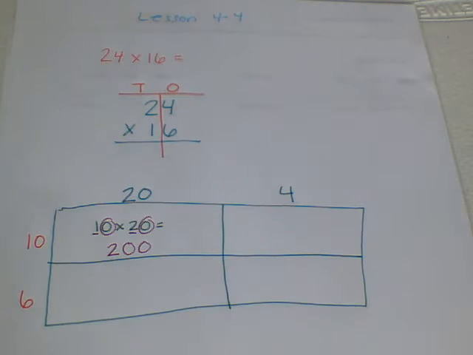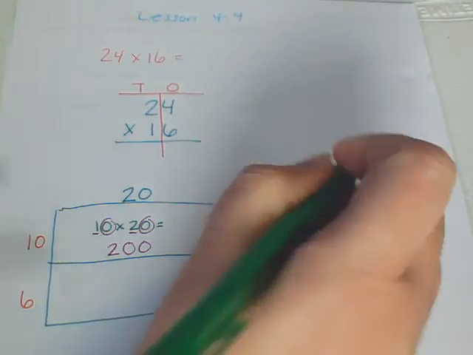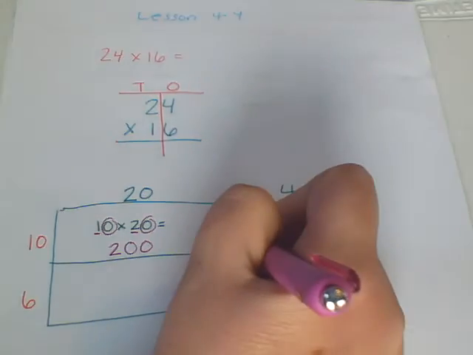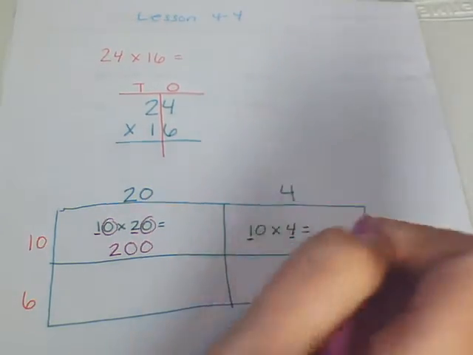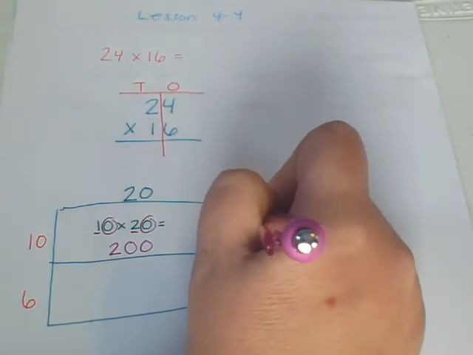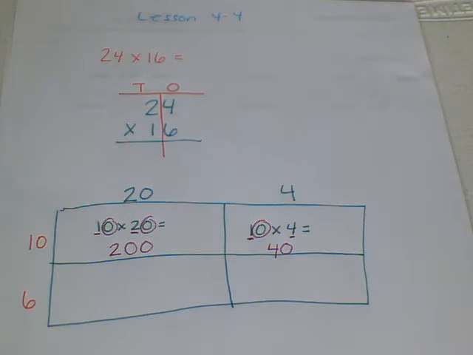Easy enough. And now I'm going to do 10 times 4. I know that 10 times 4 is 40, but another way I could look at it would be 1 times 4, I know is 4, and then I just have 1 zero. So my answer would be 40.